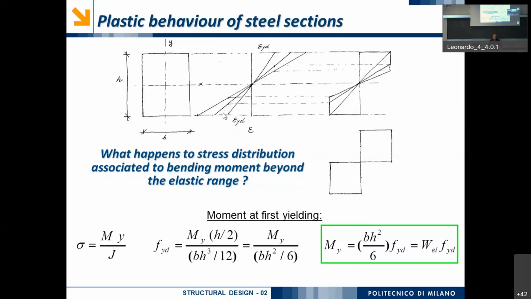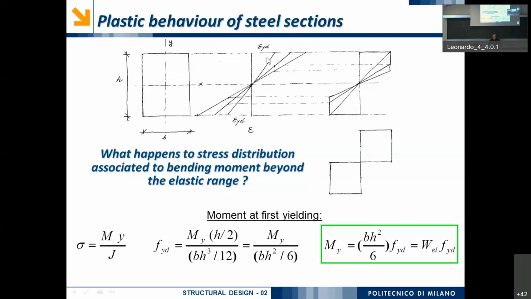What happens? It will happen that in the central parts of the cross-section, all the fibers are still in the elastic range, okay? When we are looking at the fibers at a larger distance from the neutral axis, those fibers undergo a strain which is larger than epsilon d.